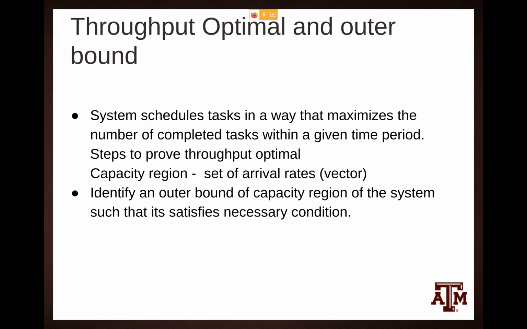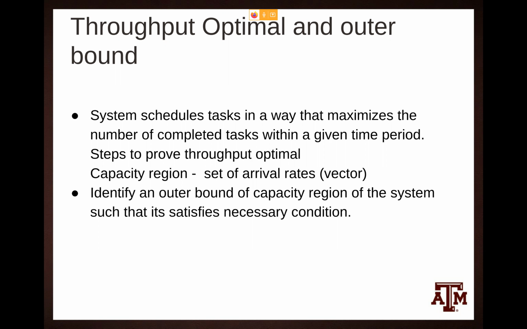Thank you, Rupak. Next, the paper proves that the algorithm is throughput optimal. So let's first discuss why we need it. Throughput is nothing but making sure that the system schedules the tasks such that it maximizes the number of completed tasks within a given time period. That is our main goal.